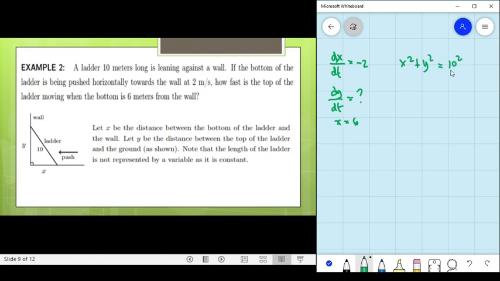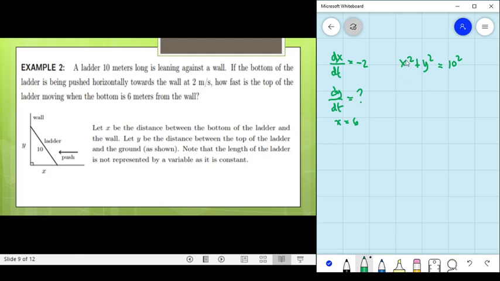This 10 is the hypotenuse. This is x, the base, and this is y, the height. The square of the shorter leg plus the square of the longer leg is equal to the hypotenuse squared, which is the length of the ladder.